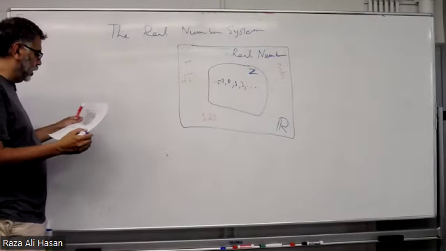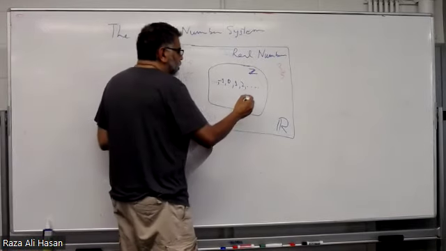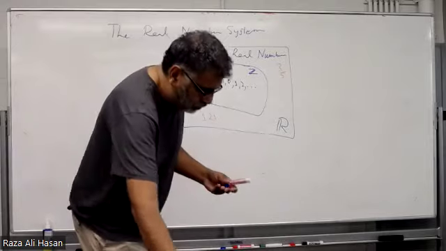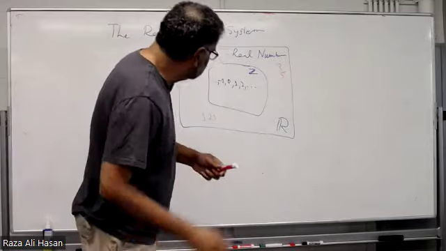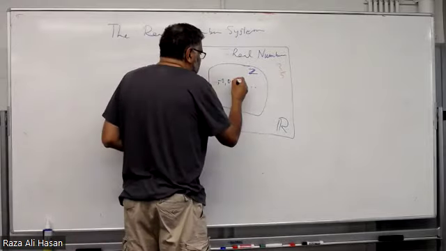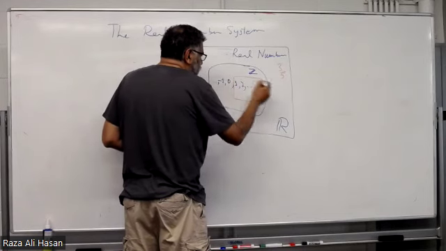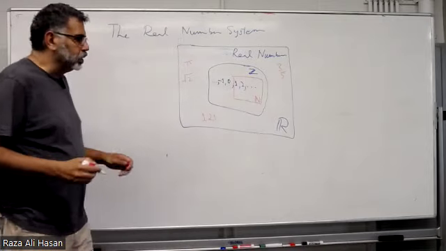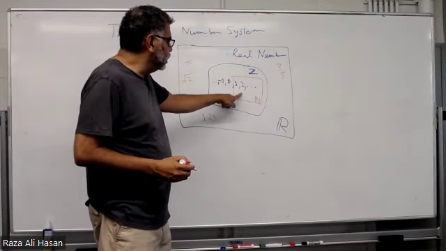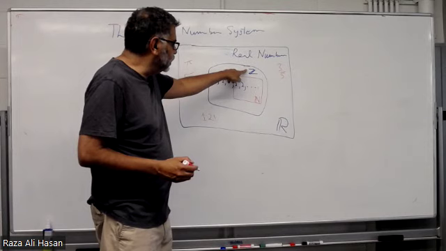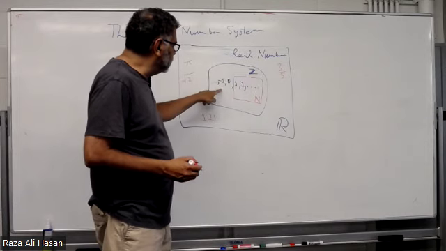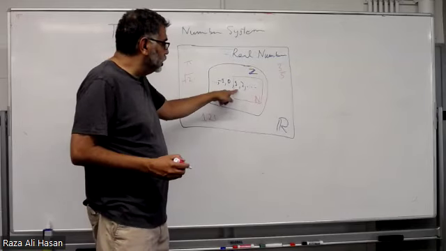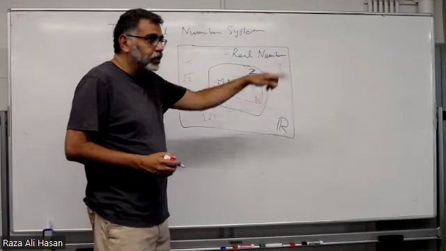And then we have a set of natural numbers. I'm not doing this well. I didn't think it out. Is this set right here? Natural numbers is a subset of the set of integers. Integers has negative numbers and 0 in it. Natural numbers start at 1, 2, 3 forever.